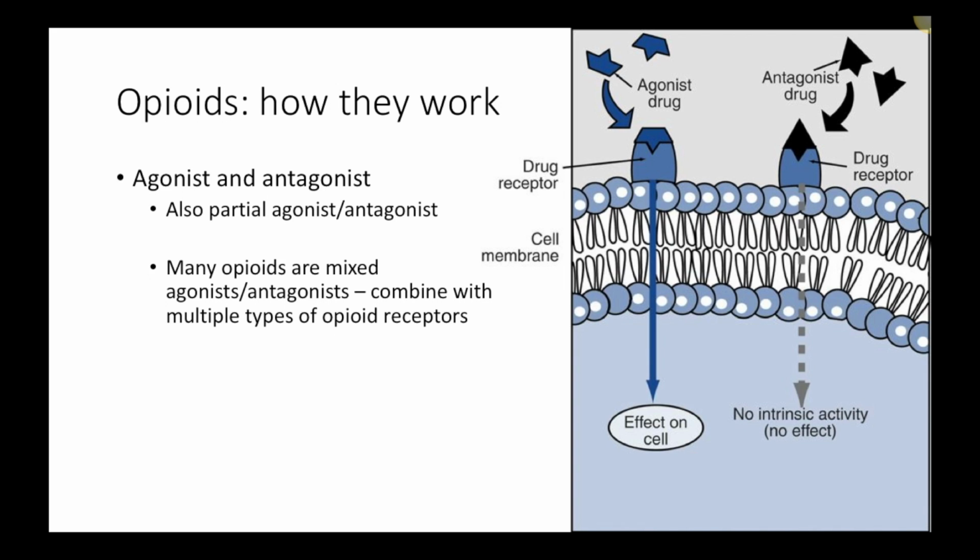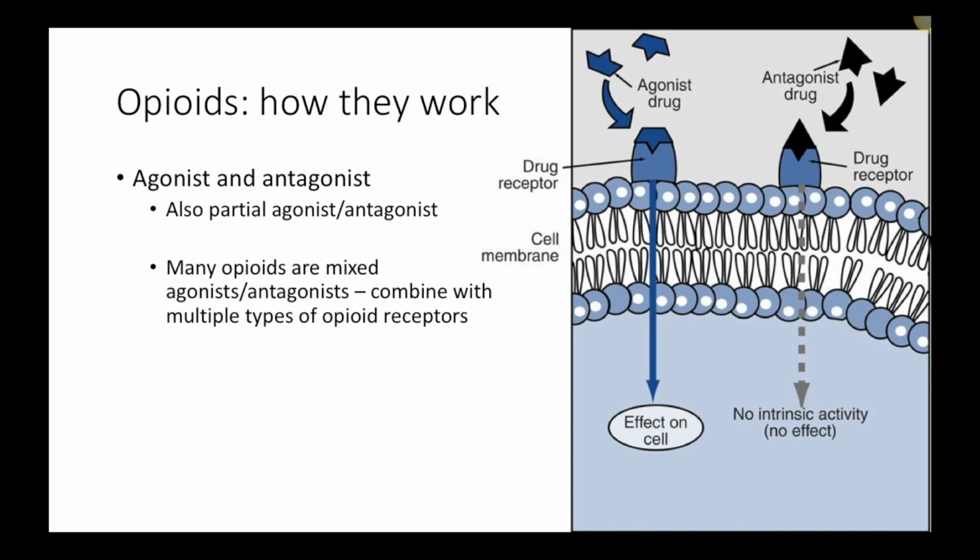Okay, so how they work, we've got this agonist and antagonist, also partial agonist-antagonist, etc. An agonist is a drug with a good affinity for the receptor, so it's the missing puzzle piece, and it has the ability to produce intrinsic effects on the cell. It fits, and it also works really well on that cell.